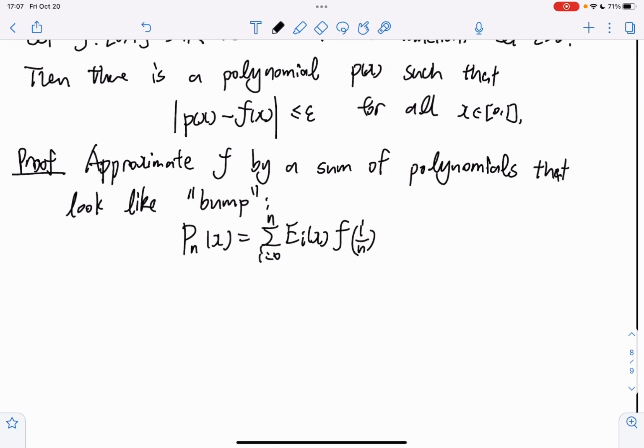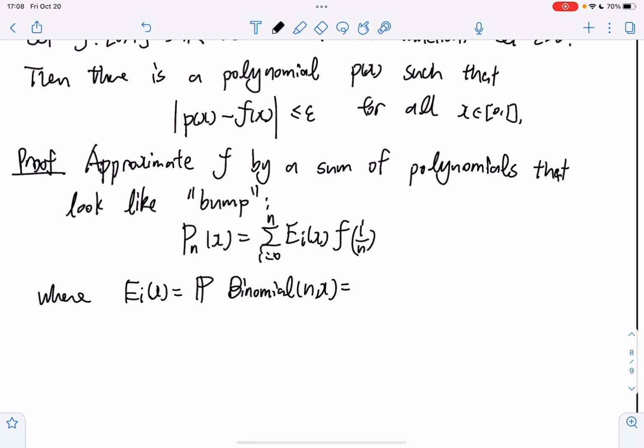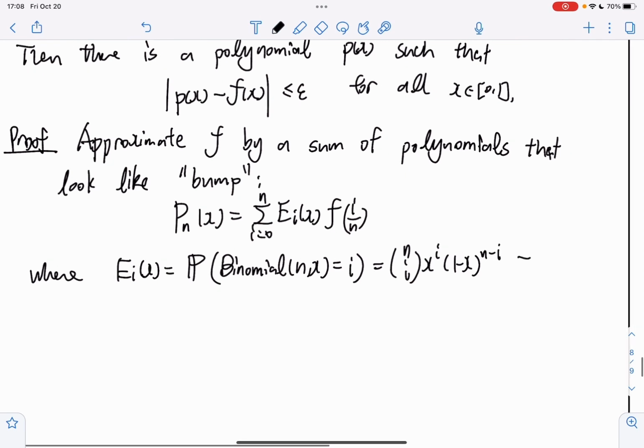Here, what is e_i(x)? The e_i(x) is the probability of the binomial variable with parameters n and x equaling i. It equals n choose i times x to the power of i times 1 minus x to the power of n minus i, and i ranges from 0 to n.